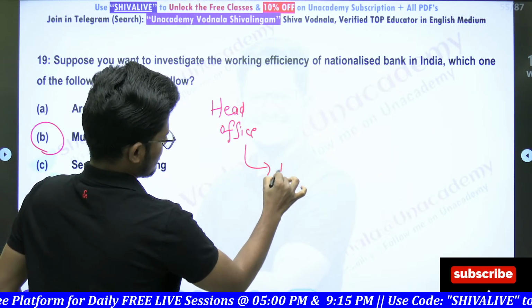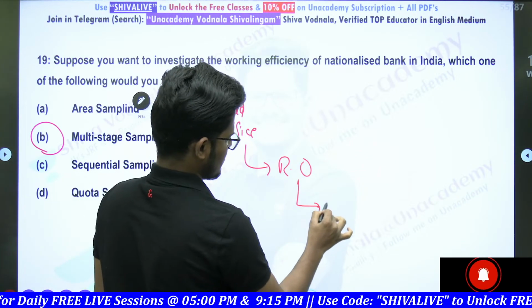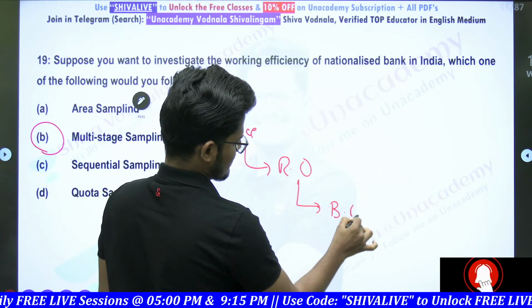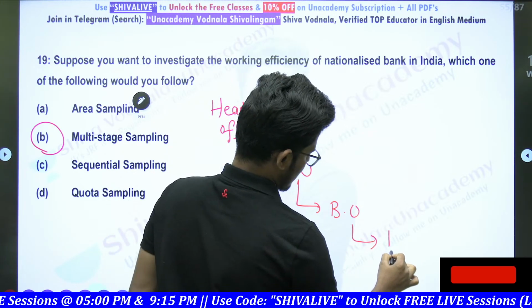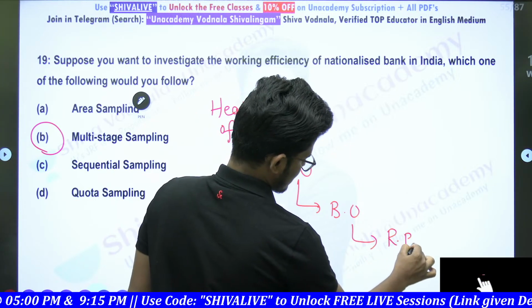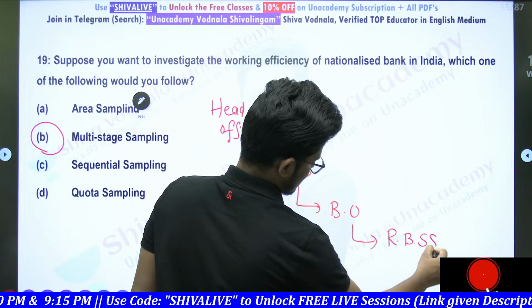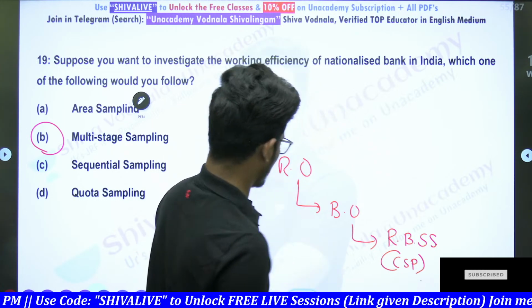Under that, regional offices are there. Under each region, branch offices are there. Under each branch, local village-level branches, rural branch service centers like customer service points, CSPs, are available.